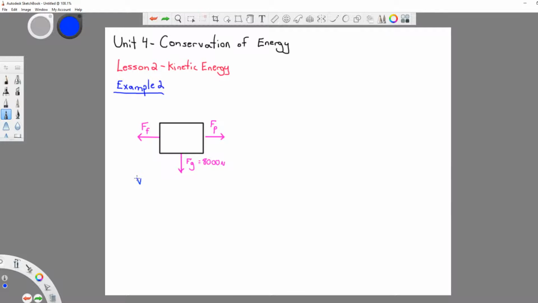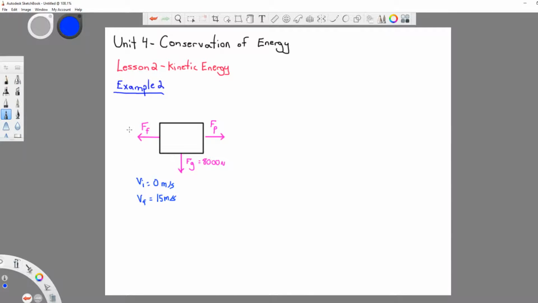So I think I can add on here Vi is equal to 0 meters per second, Vf is equal to 15 meters per second. Alright, so along a level surface, if the work done by the propulsive force is 110 kilojoules, determine the work done by friction.